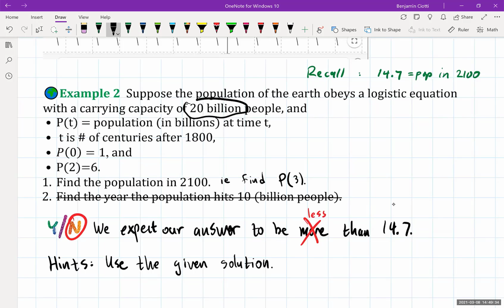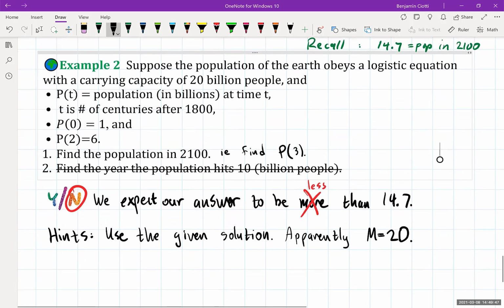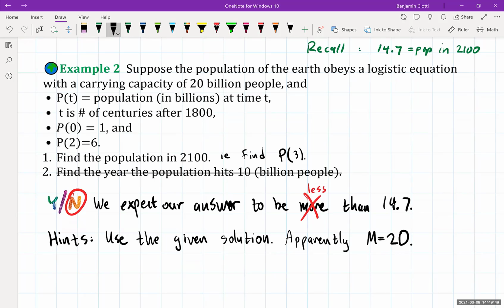And apparently M is 20. Here's another hint. How about you first find A using P of 0.